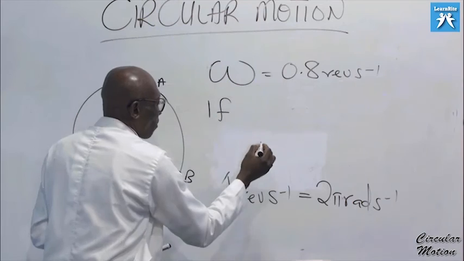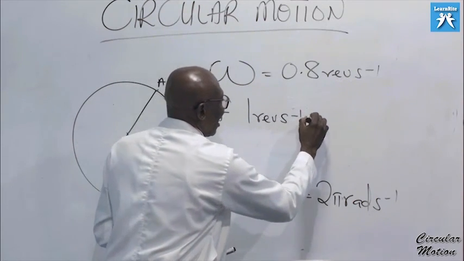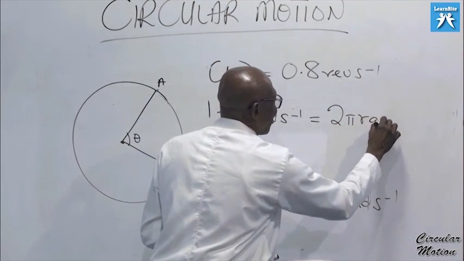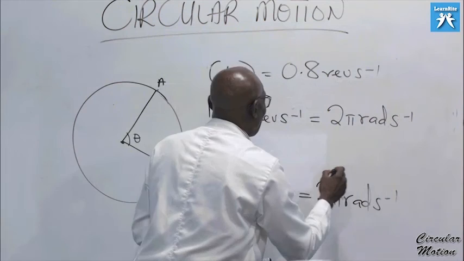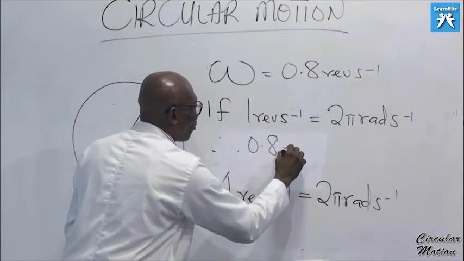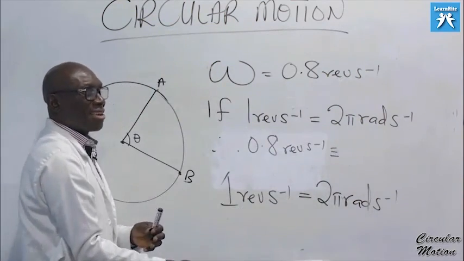If one revolution per second is equal to 2 pi radians per second, then 0.8 revolution per second, what will it be equivalent to in radians per second?